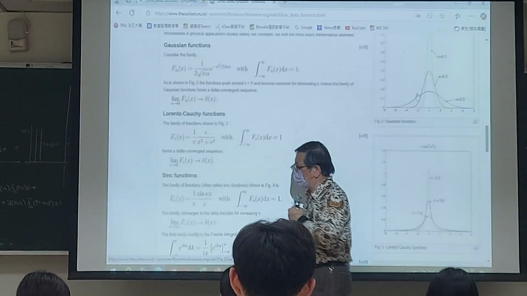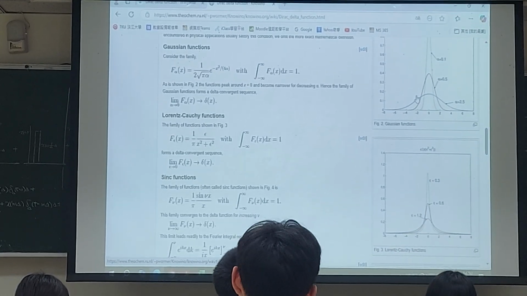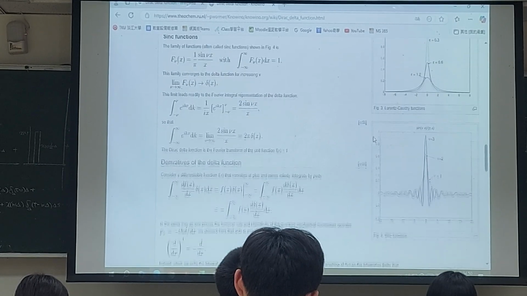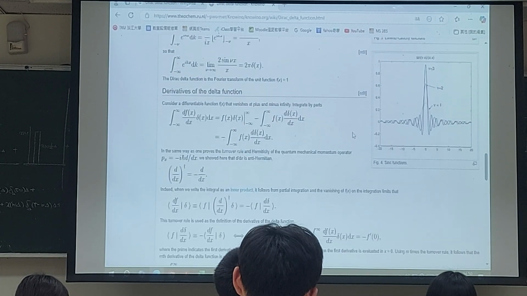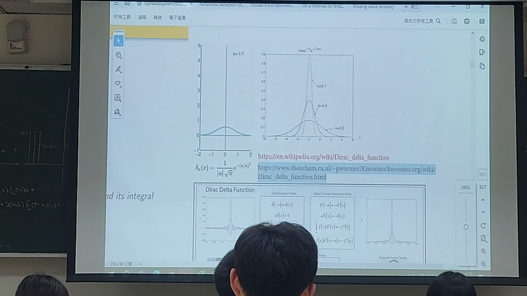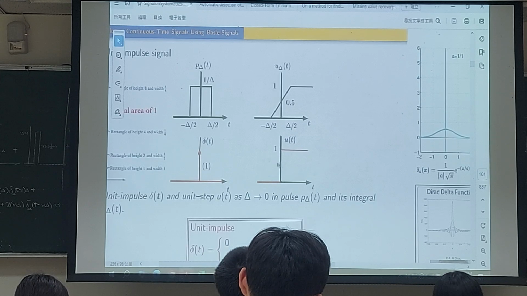Use this function to define the delta function. Okay? The shape is very similar. So there are many different ways to define an impulse function. And also this function, sinc function. Okay? Alright? Okay, if you have no question, then let's move to the next chapter.